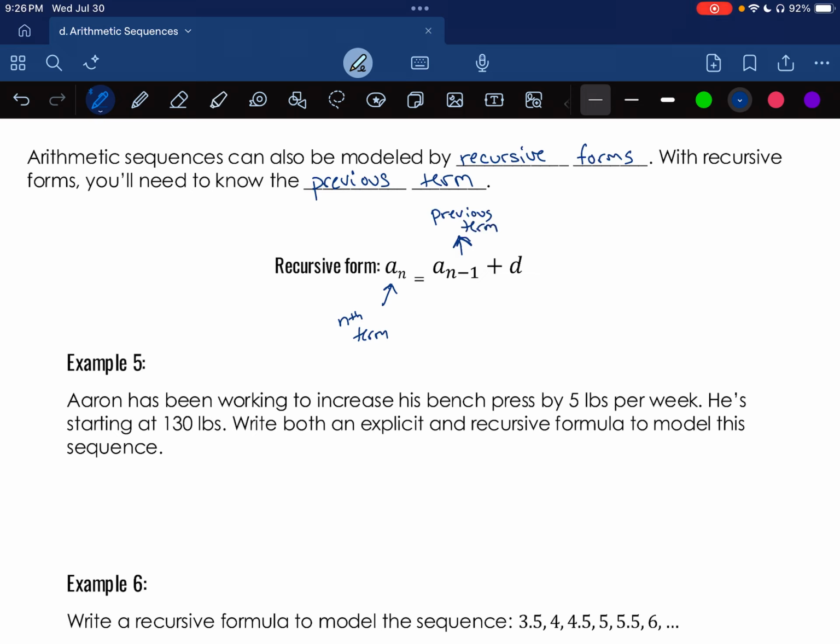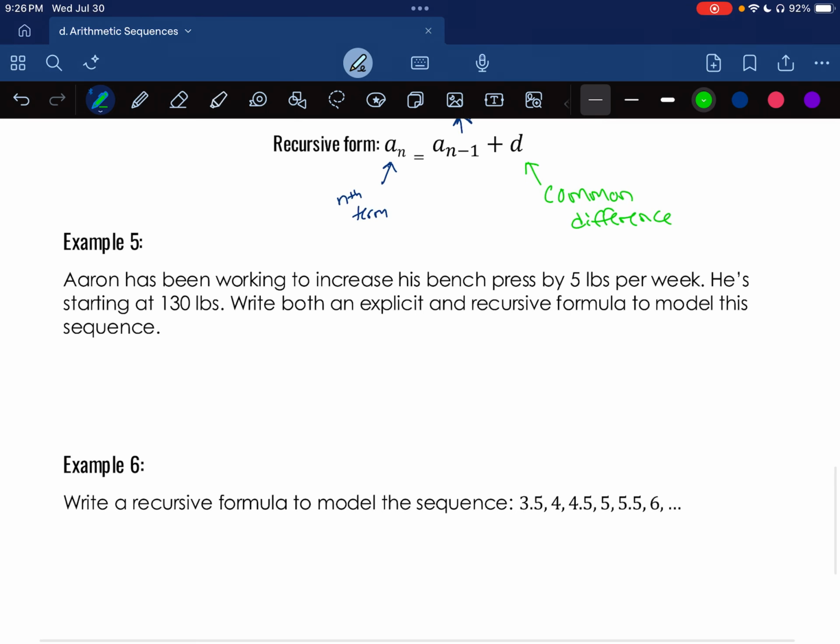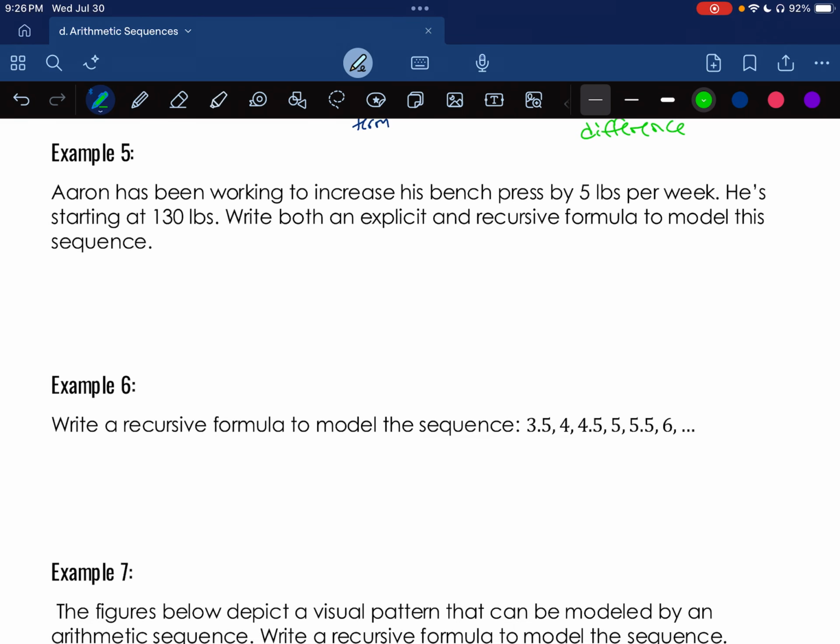So Aaron has been working to increase his bench press by 5 pounds per week. So increasing by 5 pounds, that's going to be my common difference. He's starting at 130 pounds. Okay, so 130 pounds is a sub 1.